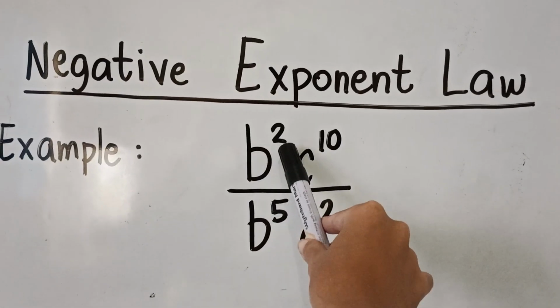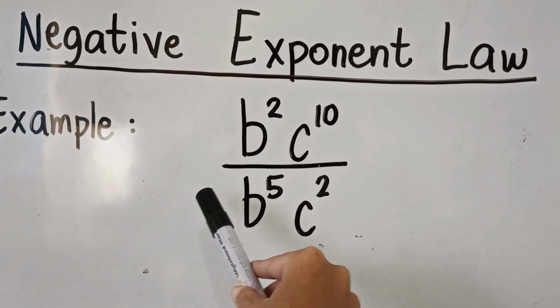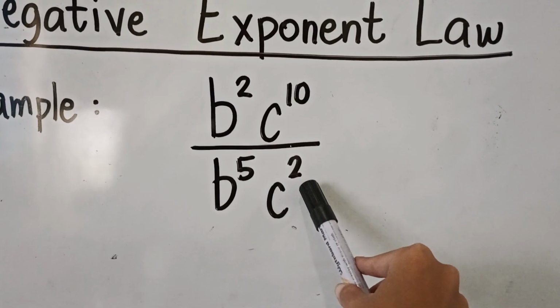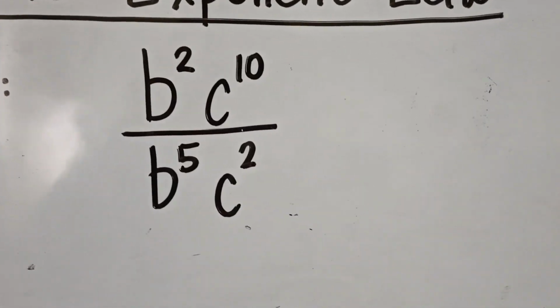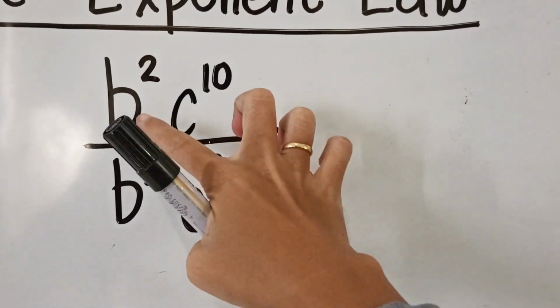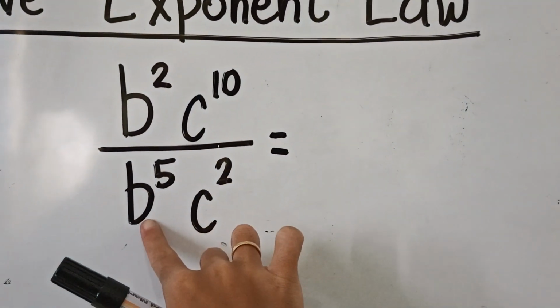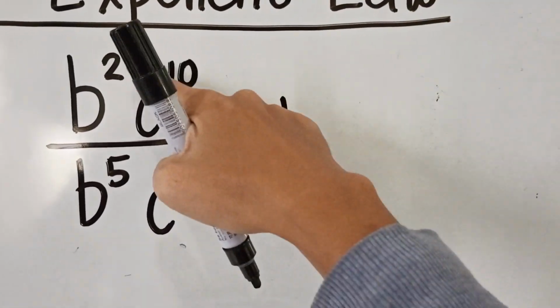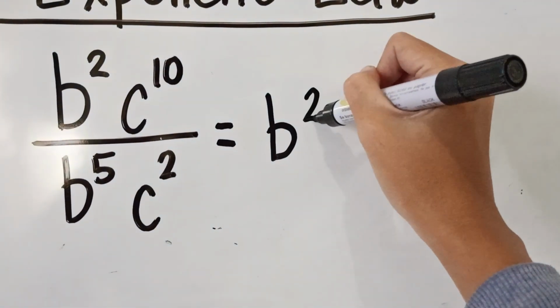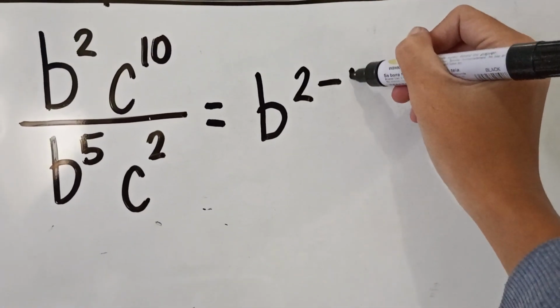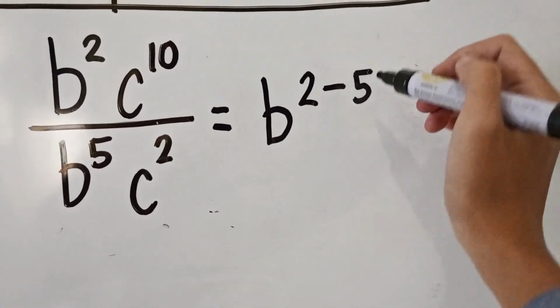We have b squared c to the power of 10 all over b raised to the power of 5 c squared. So we're gonna do the quotient law. We're gonna subtract the exponents that have the same variable. So we're gonna have the variable b, and we're gonna copy first the exponent 2 minus the exponent 5 since they have the same variables.